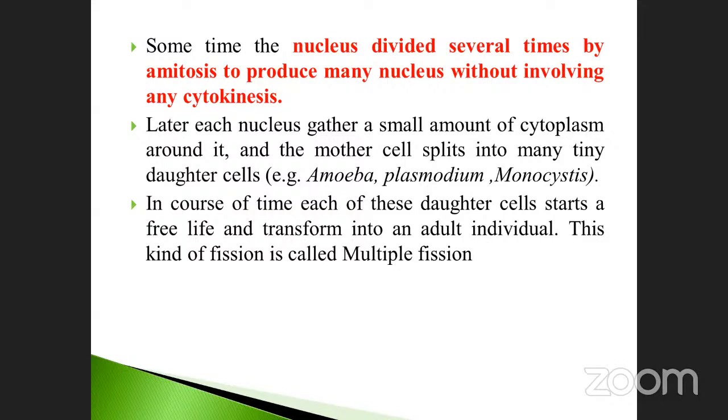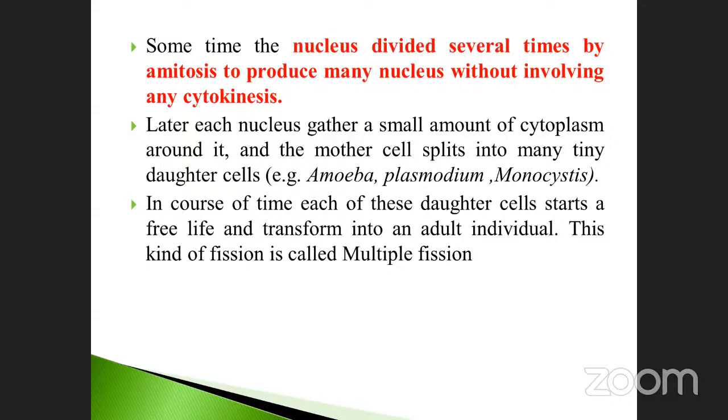Mitosis. Here, several times by amitosis, only the nucleus is divided but the cytoplasm is not divided, producing many nuclei without any cytokinesis. Many nuclei are formed within the parent cell.